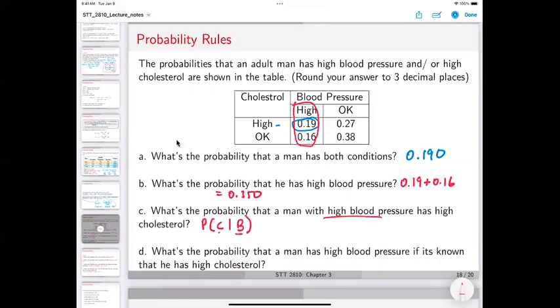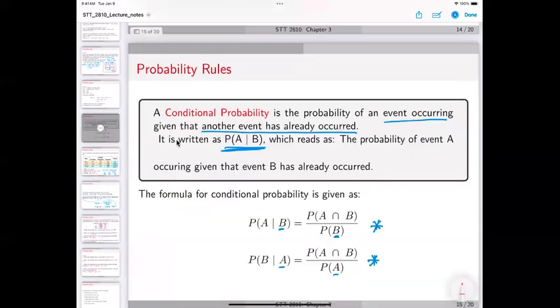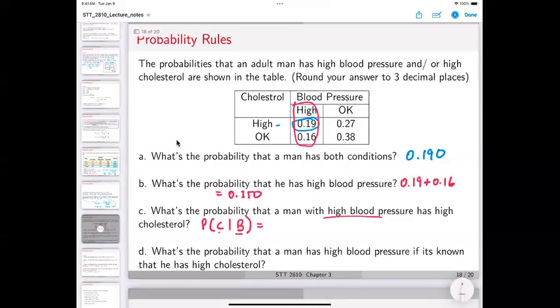Now, based on this, let's look at the rule. When we have this, it means the probability of C and B divided by the probability of B. Does that make sense? This shows high cholesterol and high blood pressure, which is 0.19. And then high blood pressure, which we already did here, is 0.35.